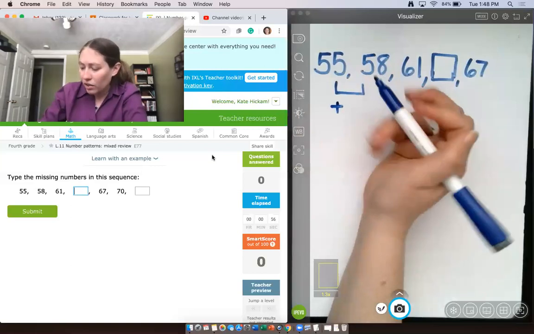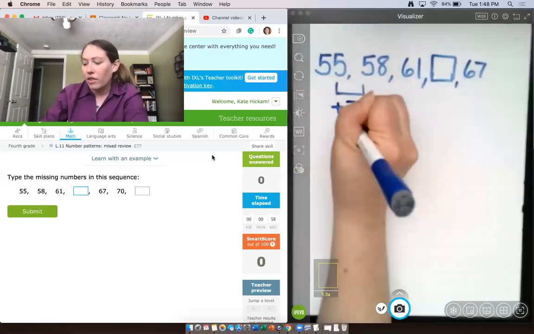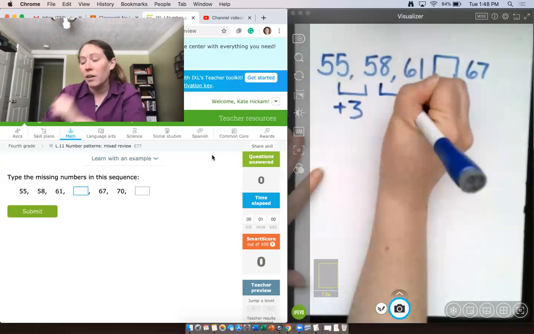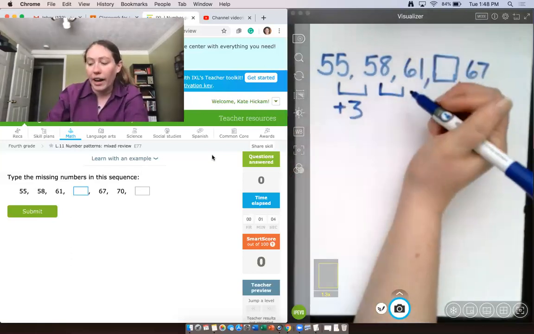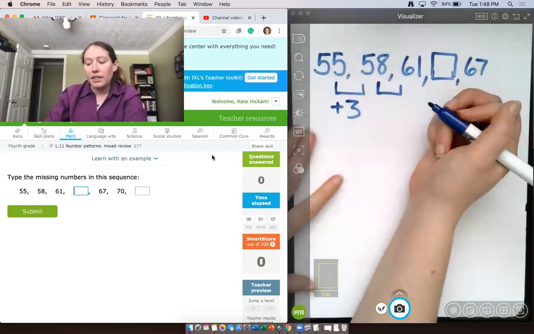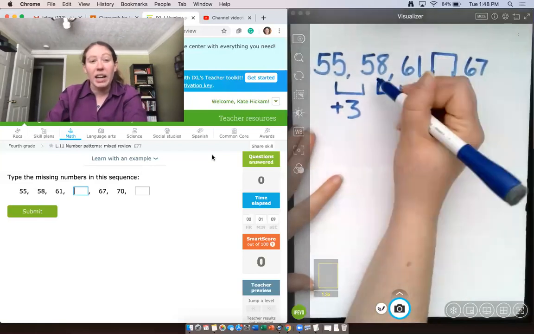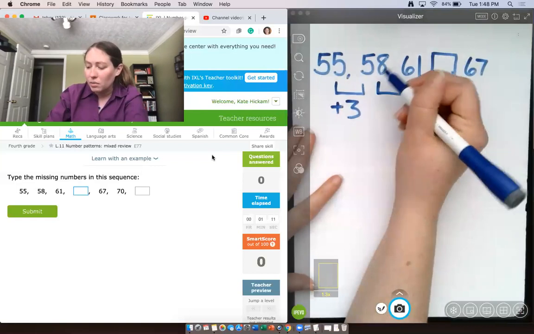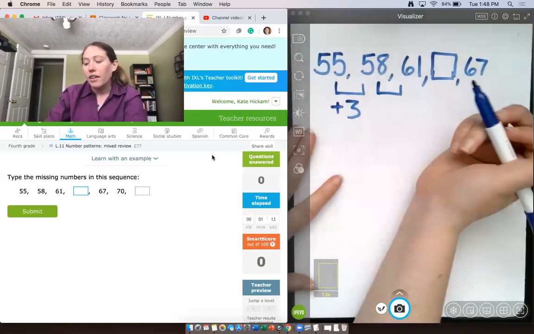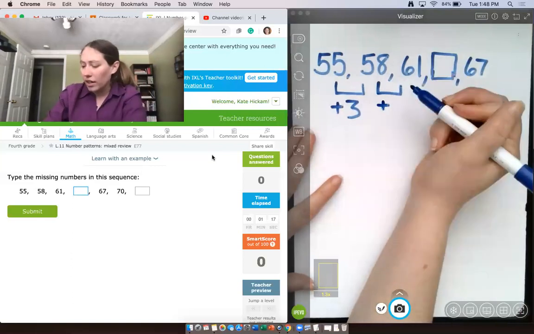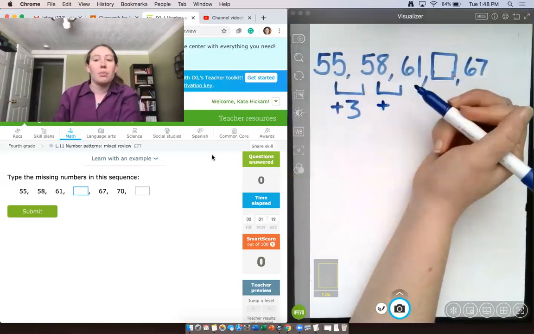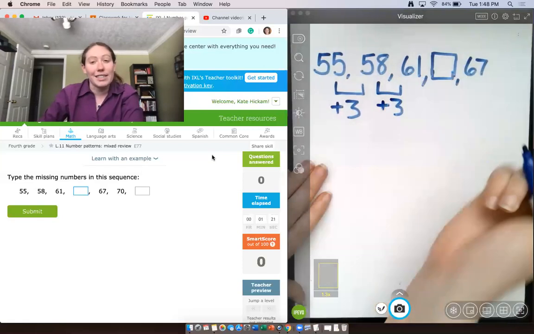Now let's see what the relationship between these are. 58, once again, it's still getting bigger, so we're either adding or multiplying. We can't times 58 by anything to make it equal 61, so we know we have to add. And then 58, 59, 60, 61, right? So it looks like our pattern is plus 3 because these are the same.